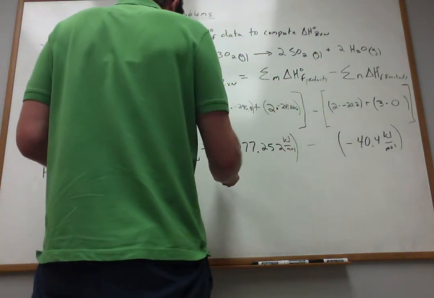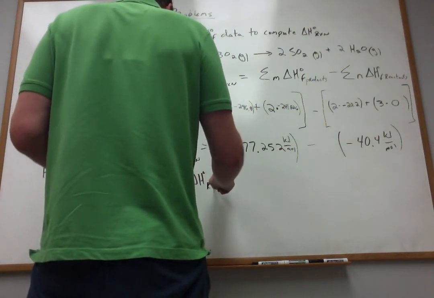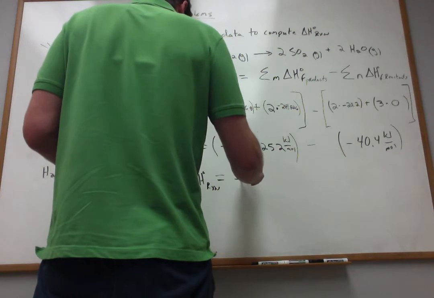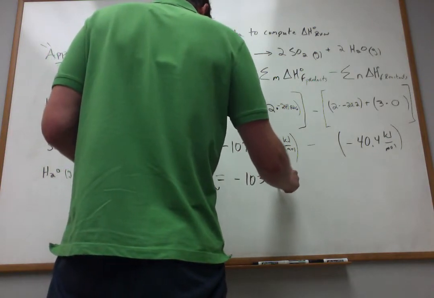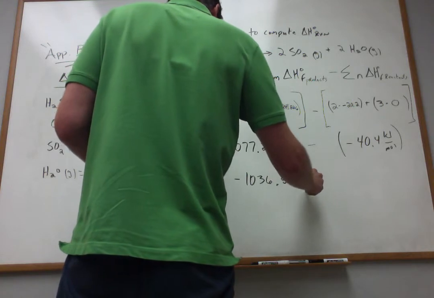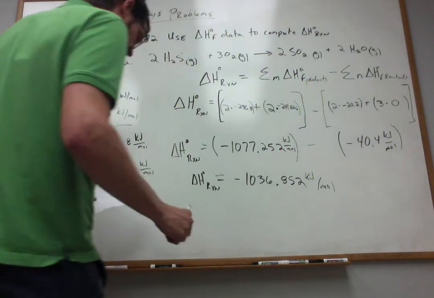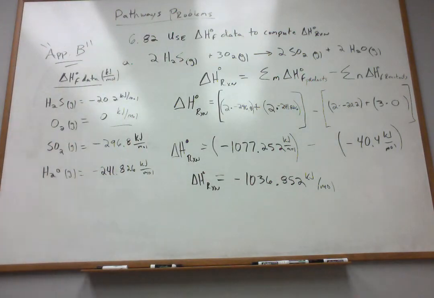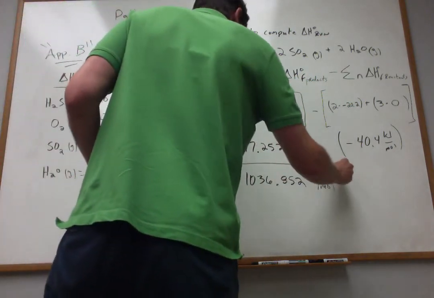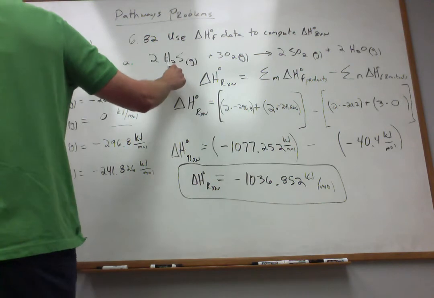It becomes a positive over there on the right, and as a result, my expected enthalpy of reaction for this reaction is a negative 1036.852 kilojoules per mole. This is the standard enthalpy of reaction for this reaction.